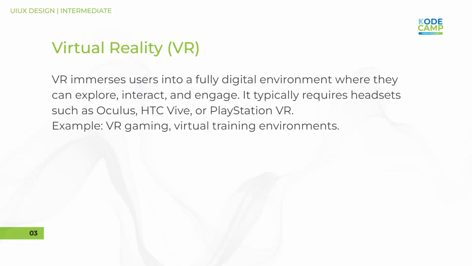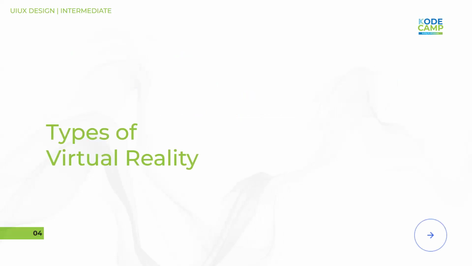It typically requires headsets such as Oculus, HTC Vive, or PlayStation VR. Examples of this could be VR gaming and virtual training environments. Then we also have types of VR.